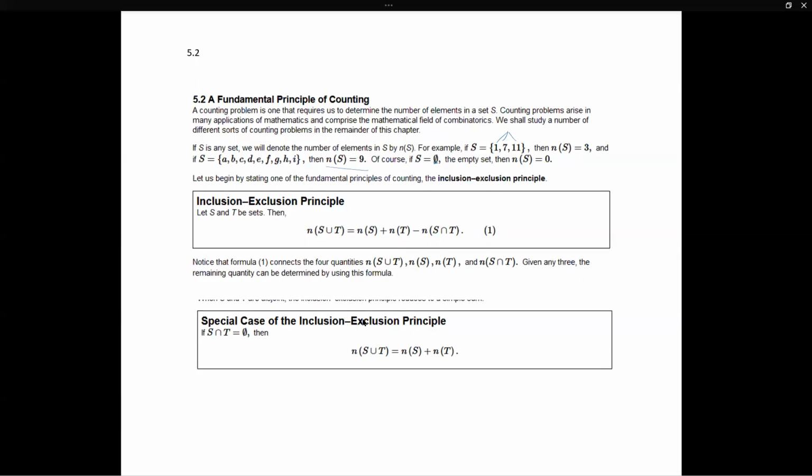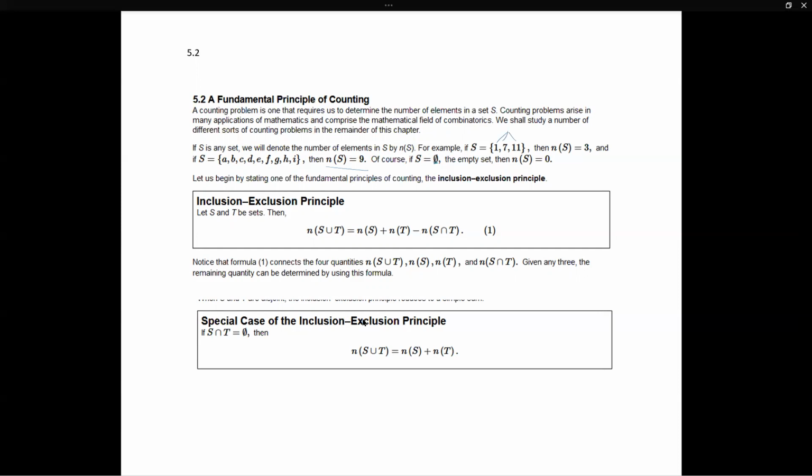Let S and T be sets. We need to find the inclusion-exclusion principle, which says the number of elements in the union of sets S and T equals the number of elements in S plus the number of elements in T minus the number of elements in the intersection.